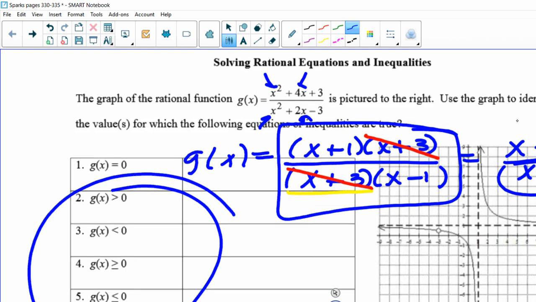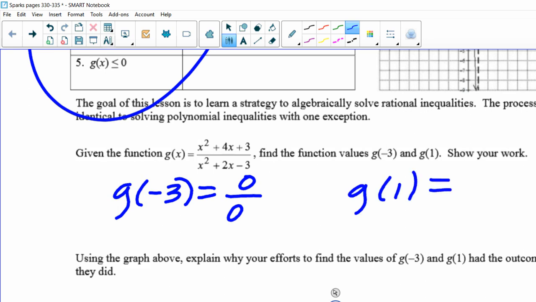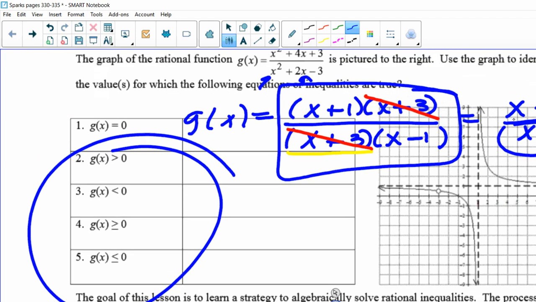Yes, that's undefined, but I need specifics. What's g of 1? It is going to be undefined, but again, specifics. What's the numerator? What's the denominator? 8 over 0.